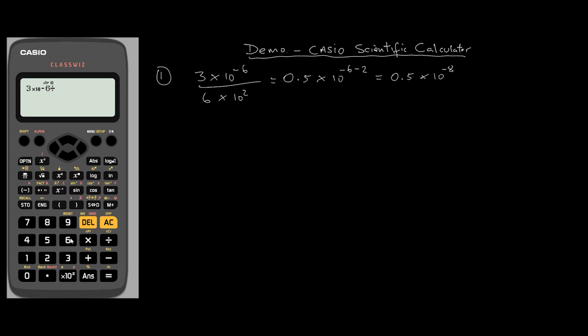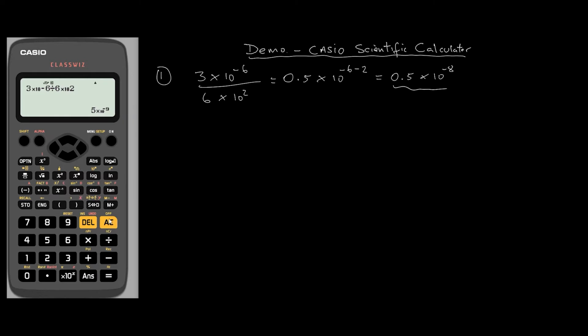I'll be dividing by 6 times 10 to the power 2. Okay, we hit equals, and we end up with 5 times 10 to the power minus 9. And 5 times 10 to the power minus 9 is exactly the same as what we have over here, 0.5 times 10 to the minus 8.